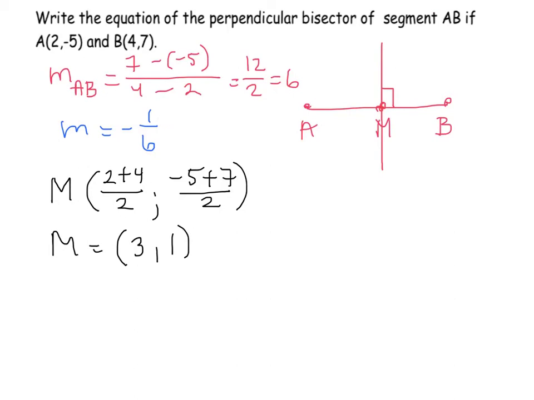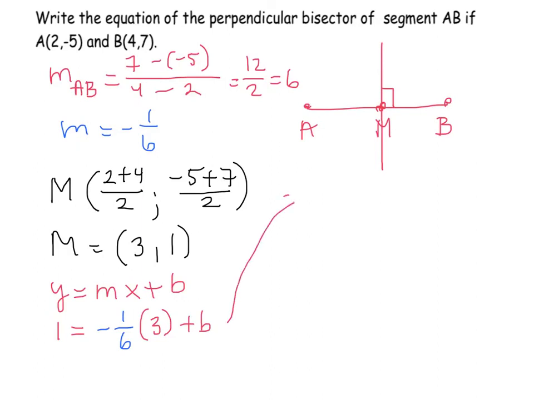So I'm going to start out with y equals mx plus b, substituting in the coordinates of the midpoint for x and y. I get 1 equals, the slope is -1/6, and the x-coordinate is 3 plus b. So all I have to do is solve for the y-intercept.